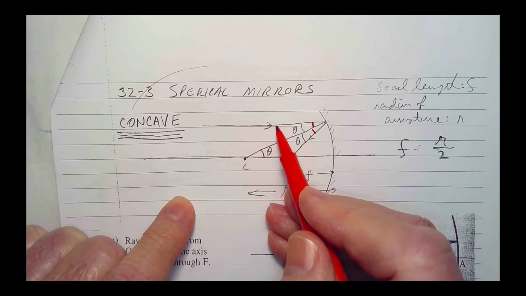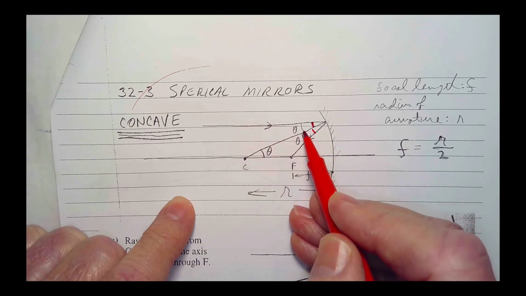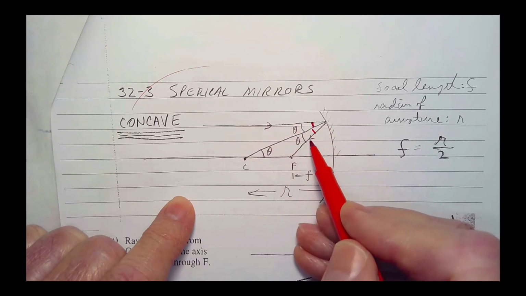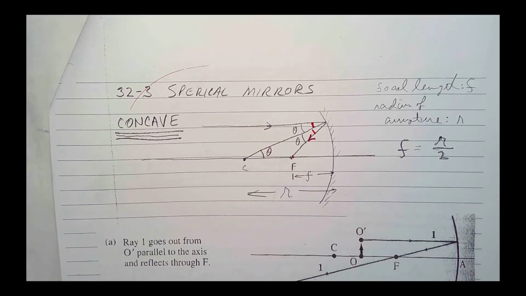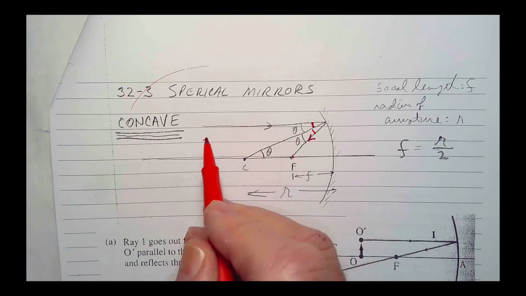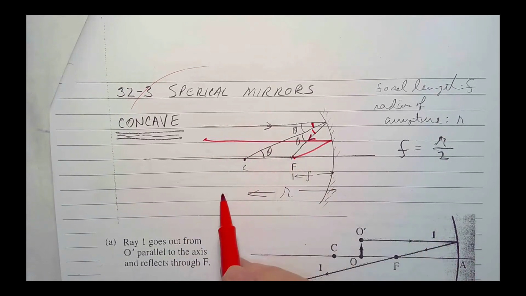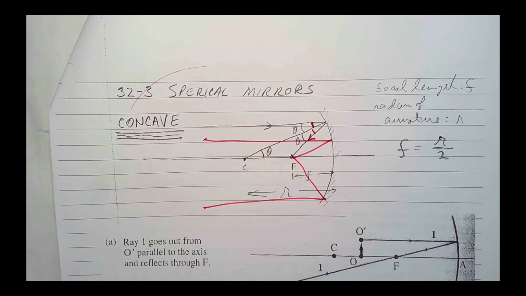So the ray comes in here, makes an angle theta, bounces off going this way, and focuses there. That's the focal point. No matter where I do this on the mirror, all of those rays focus at that same point.